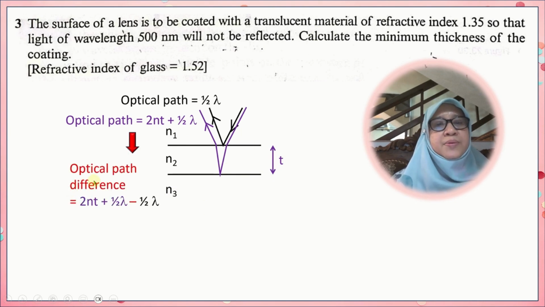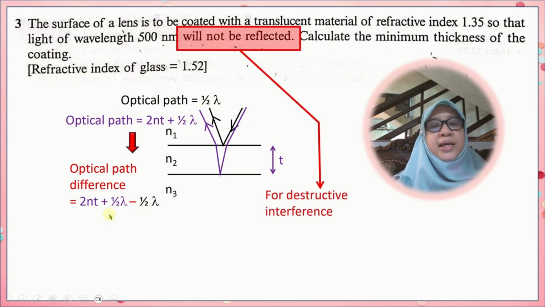So the optical path difference between these two will be 2nt plus half lambda minus half lambda, and we simplify this to get 2nt. How do we know it is destructive interference? Because the question mentioned that it will not be reflected.